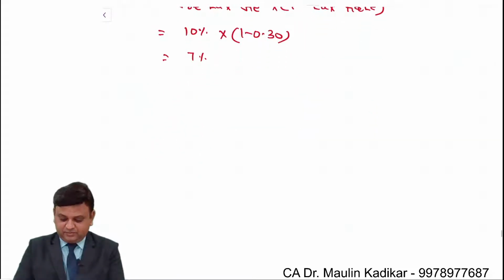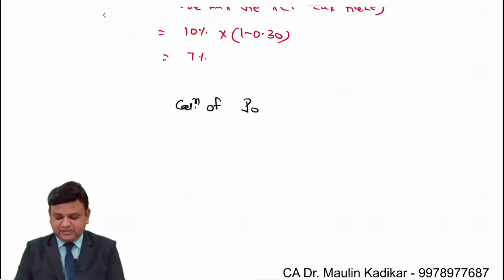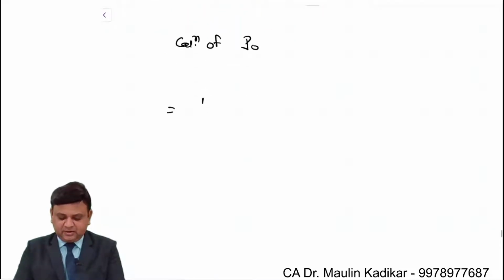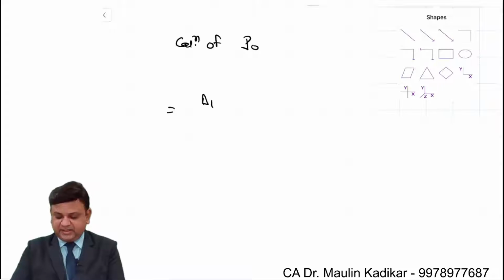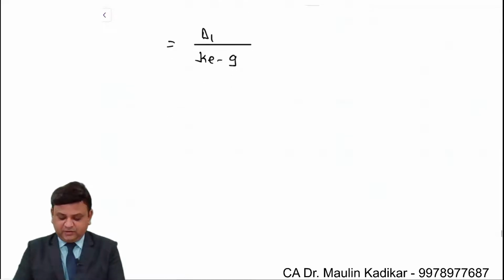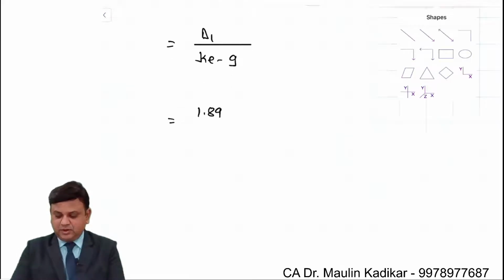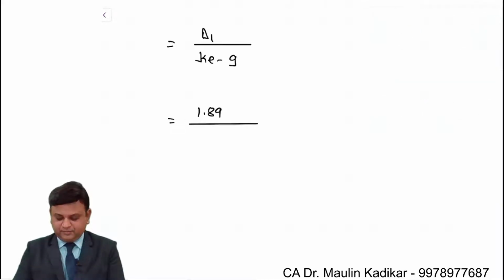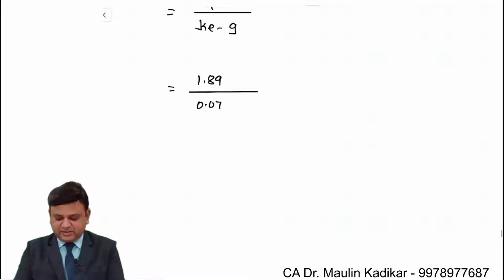And as far as the calculation of P0 is concerned, it is D1 divided by K minus g. D1 we already found, it is 1 rupee 89 paise. Cost of equity is 7 percent and growth rate is 5 percent.